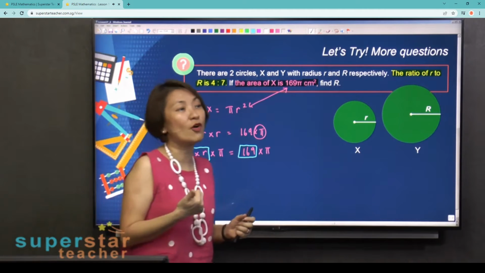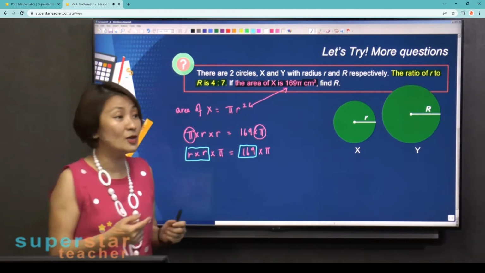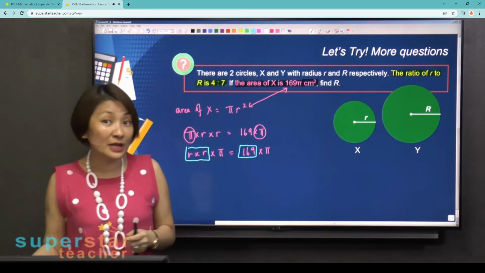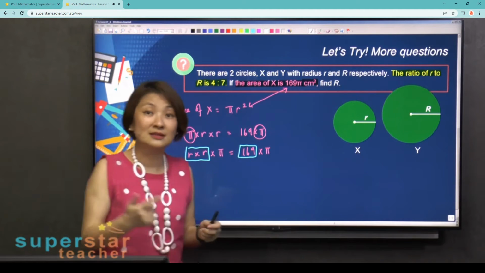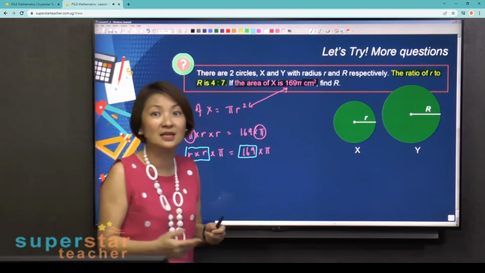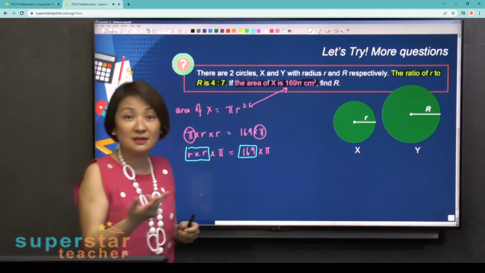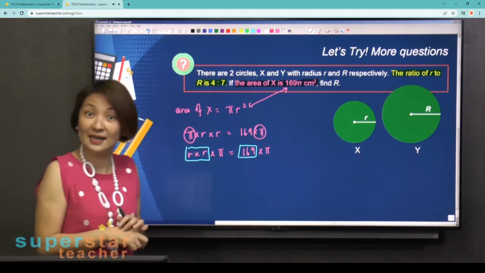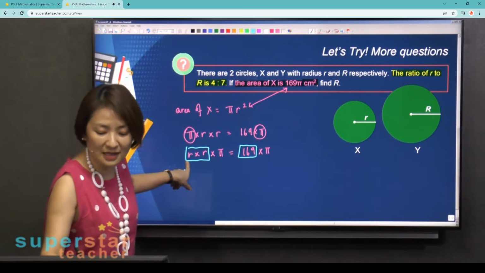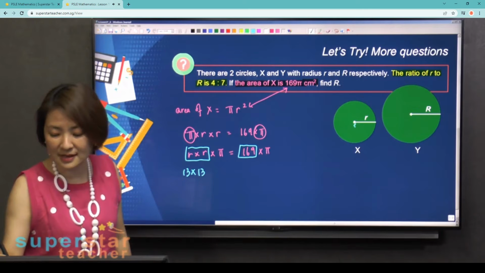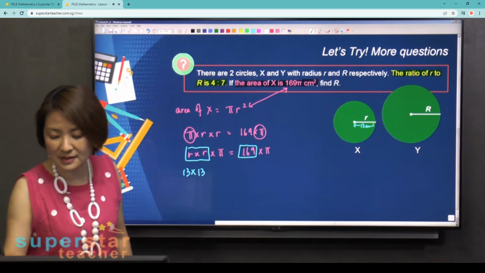So you have to go 2 times 2 is 4, 3 times 3 is 9, 4 times 4 is 16, 5 times 5 is 25, 6 times 6 is 36, 7 times 7 is 49, 8 times 8 is 64, 9 times 9 is 81, 10 times 10 is 100, 11 times 11 is 121, 12 times 12 is 144, 13 times 13 is 169. So I know that this small radius is 13 centimeters.